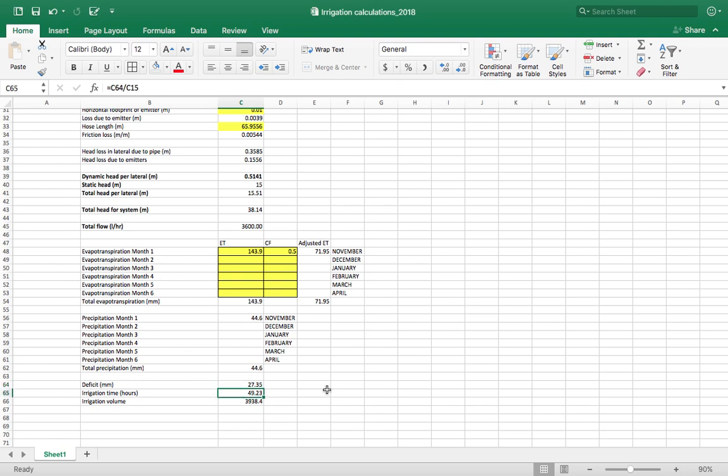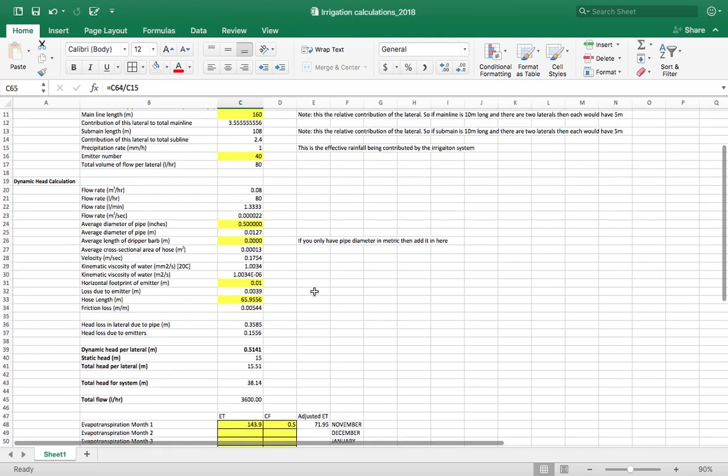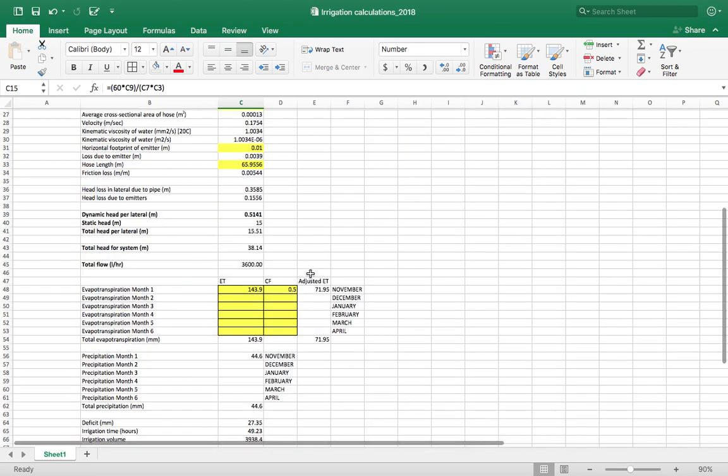So that would actually take 49.23 hours of irrigation. What was it? C64. So the deficit, the millimetres required, divided by our precipitation rate in millimetres per hour. Now that says 1, and down here it says 49. So you'd think if you just divided 27.35 by 1, you'd get 27.35.